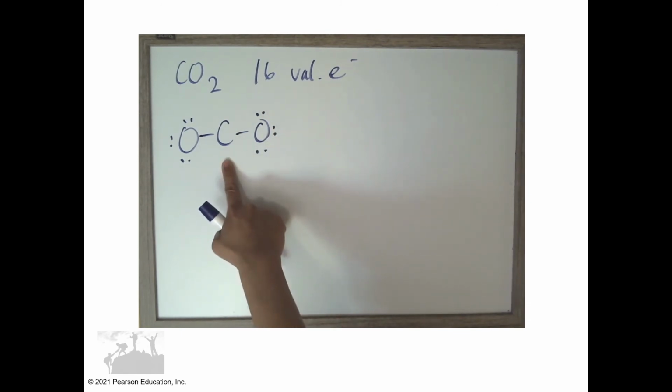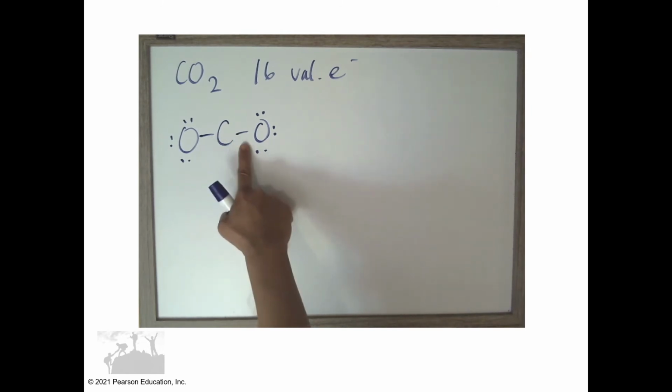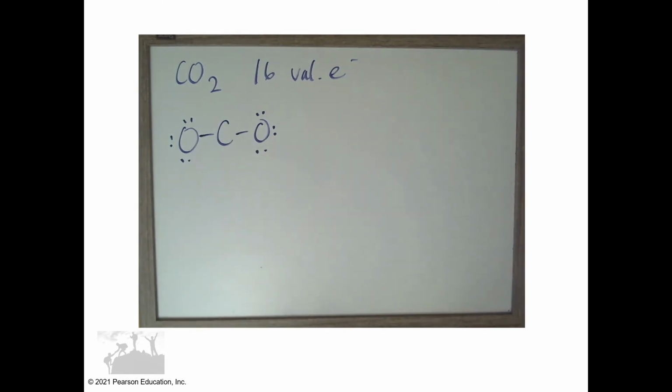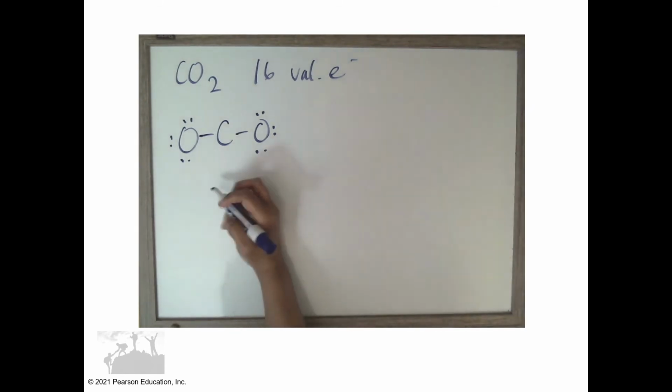But for carbon, we only have 4 electrons because we have only these 2 single bonds associated with the carbon. So that's a problem. Carbon definitely has to have a complete octet. So what can we do? Maybe we can move a lone pair on one of the oxygens and place it on carbon. Well, let's see what happens when we do that.